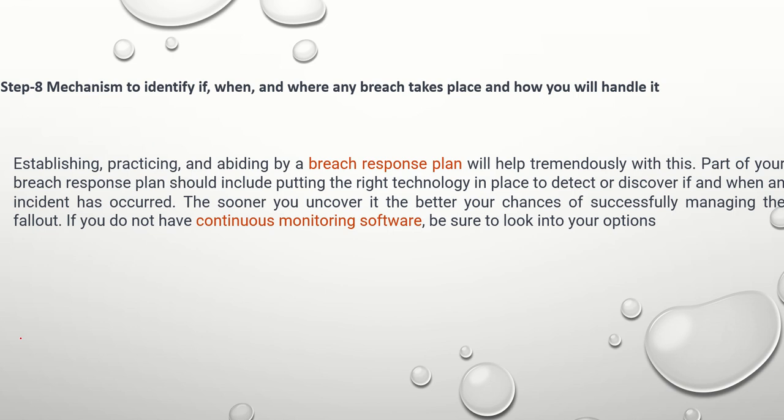The next and last is step 8. In step 8, we need to create a mechanism within the organization to identify data breaches and to handle data breaches. The first thing, we need to identify the data breach, and the second thing, we need to handle it. So we need to establish a mechanism within the organization to respond to those data breaches, and also to notify the users.